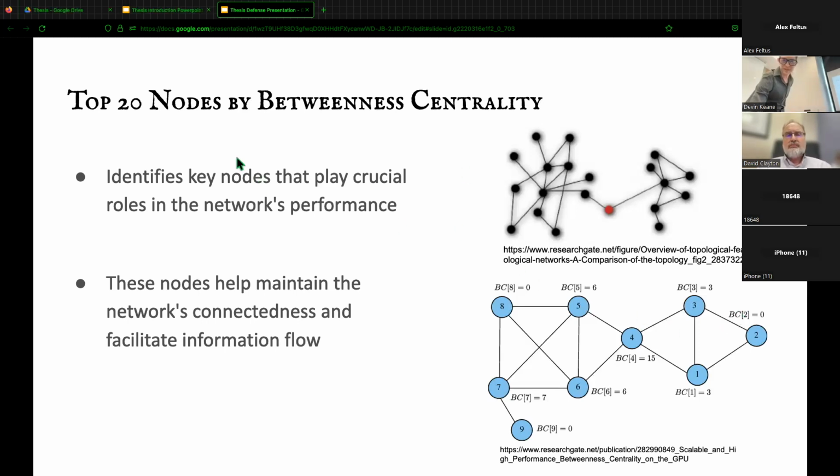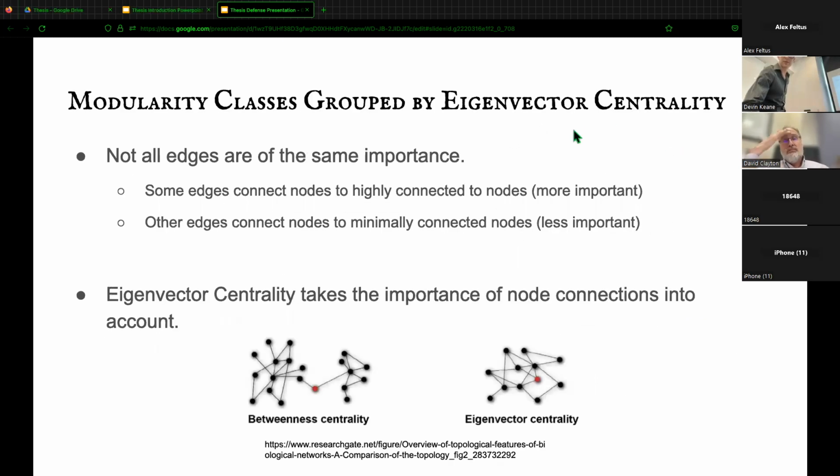And just under that, I have another example where you can see that you can quantify it, and you can eyeball that the number 4 has probably got the highest betweenness centrality, and indeed it does. Its value of 15 is more than twice the value of any other node. So my program will calculate the betweenness centrality for all nodes, rank the top 20 of those, and give you that for output.